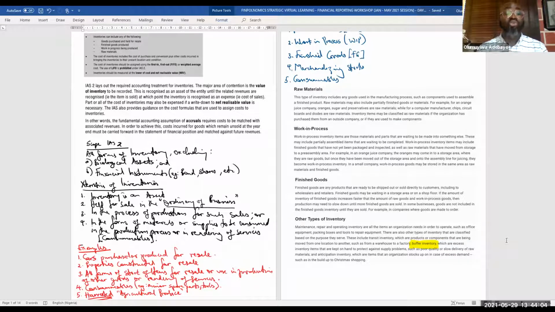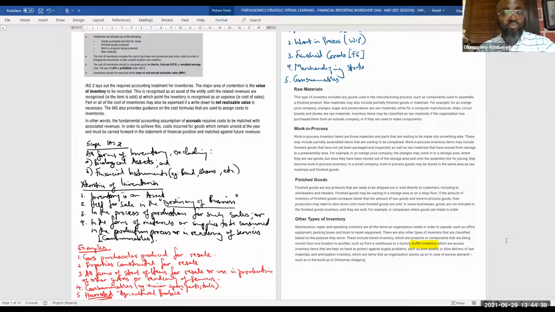The question then is, we need to distinguish between buffer stock that is held for the sole purpose of meeting future demands and buffer stock that is used to enhance the functionality of an item of property, plant, and equipment. If it's a buffer stock held solely for meeting future demands, having a minimum quantity to satisfy demand in case of stock out, such will be treated as inventory.